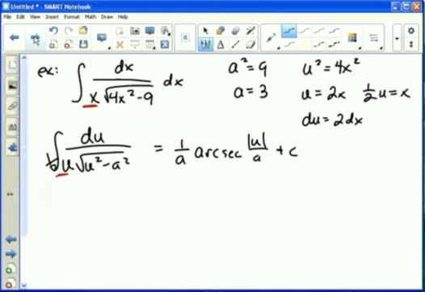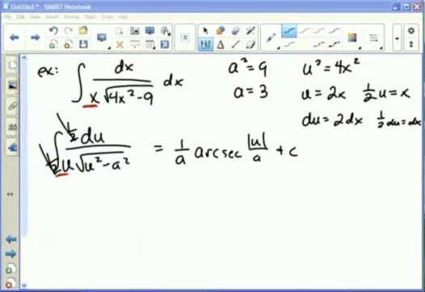It says du should equal 2 dx, but we only have 1 dx. So we'll make that 1/2 du equals dx. And we put a 1/2 in front of the du. However, if you notice, we get a 1/2 on the top and a 1/2 on the bottom. Since the 1/2s both canceled out, we actually don't have to adjust our overall coefficient at all.